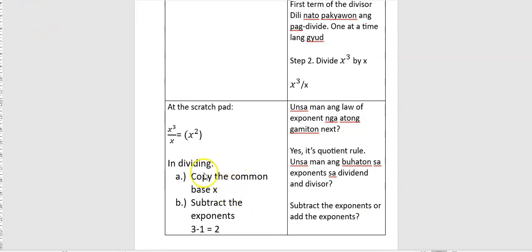Alright, so in dividing, copy the common base x and subtract the exponents. In the dividend, the exponent is 3. In the divisor, it is invisible, but automatically it's 1. So, 3 minus 1 is equal to 2. So, again, copy the common base x and then subtract the exponents. 3 minus 1 is equal to 2.